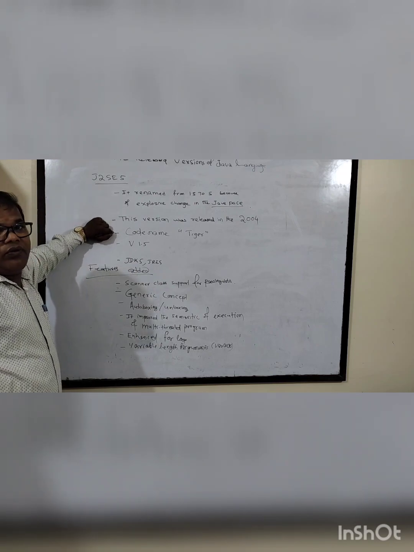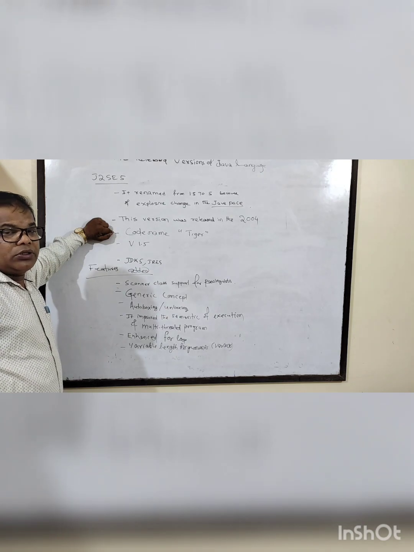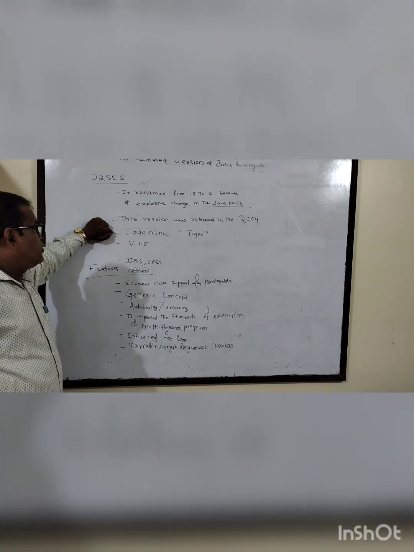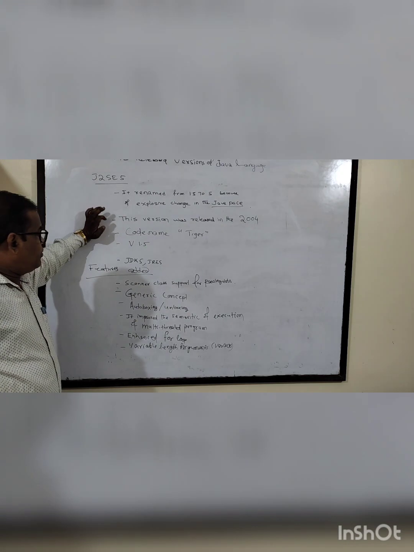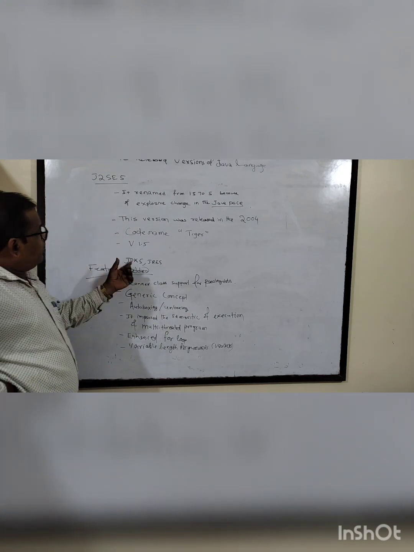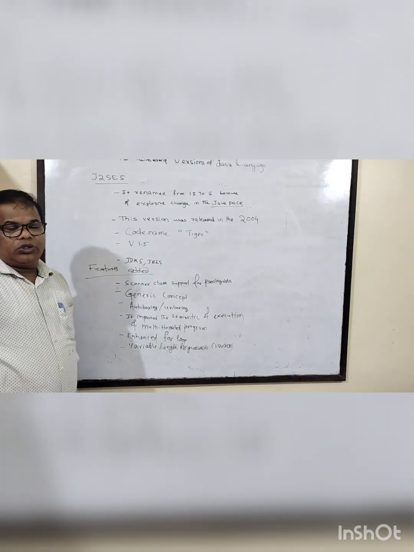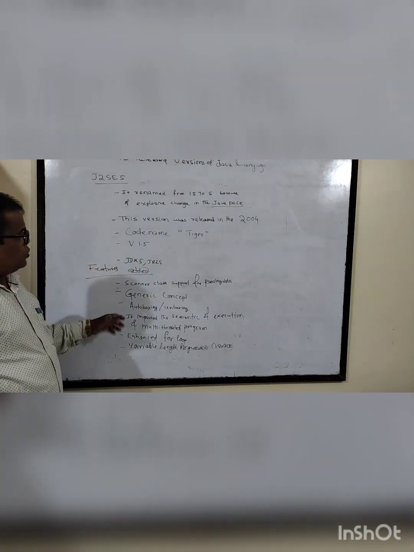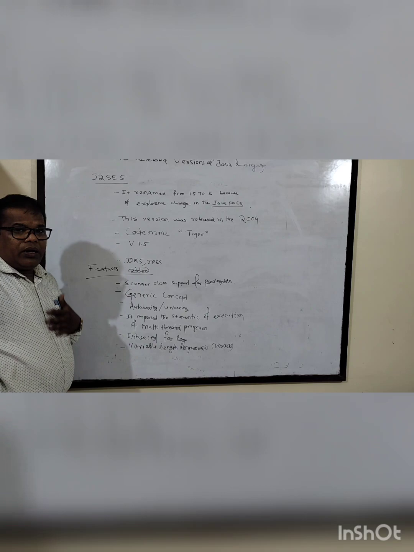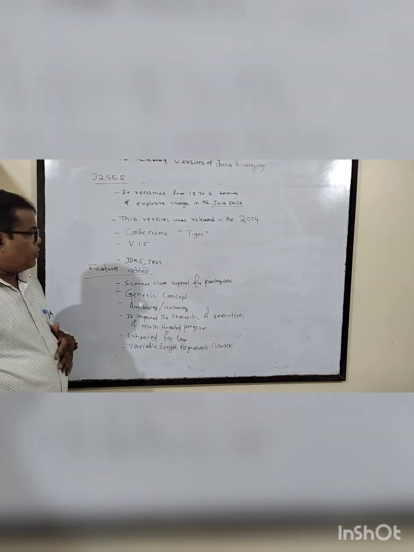The code name for this Java version was Tiger. The core version is called 1.5, and the software is called JDK 5 and JRE 5. Both should be downloaded as open source to compile and execute your Java program.